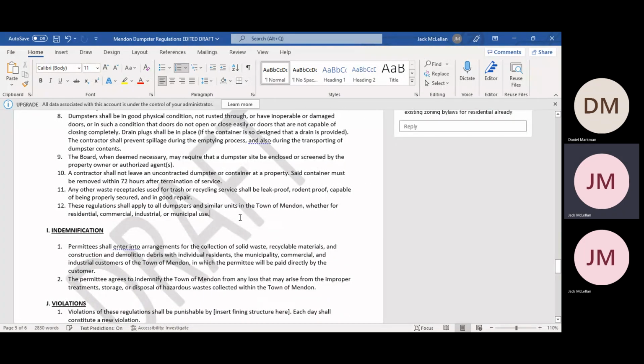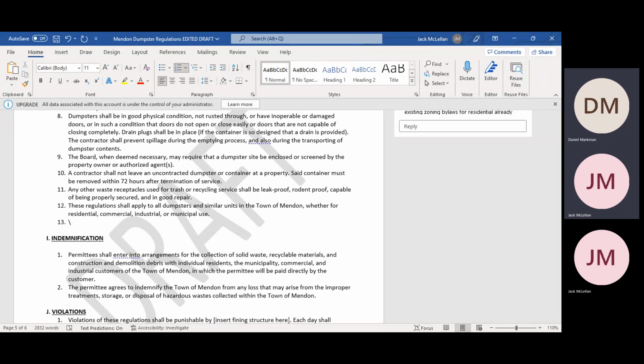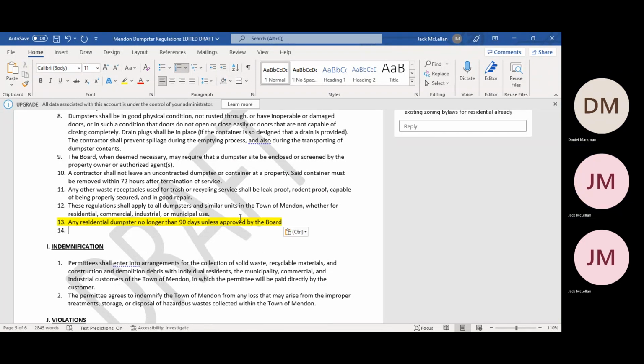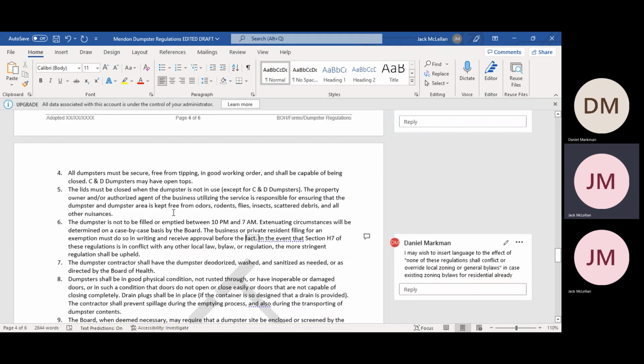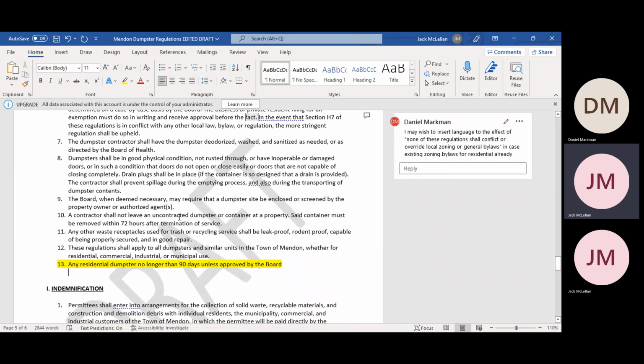So that would go under 13. H13, H13. Yeah, that makes sense. Much better sense than where we were before.